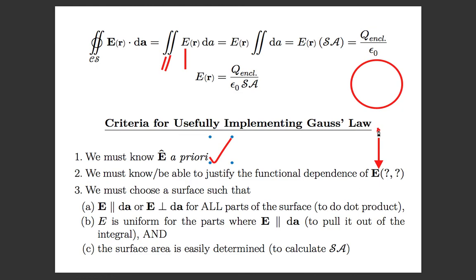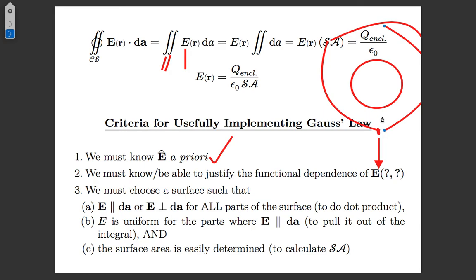And so we would choose a spherical surface that would sort of go around like this and exist outside our sphere.